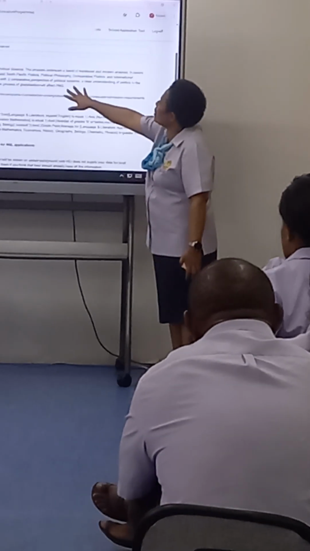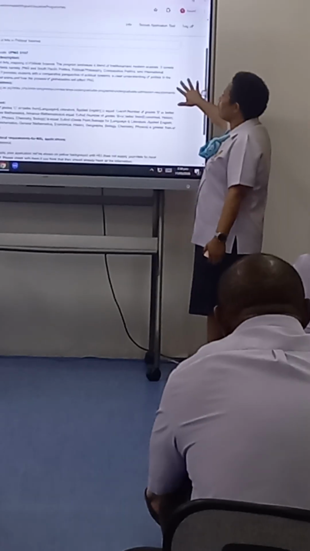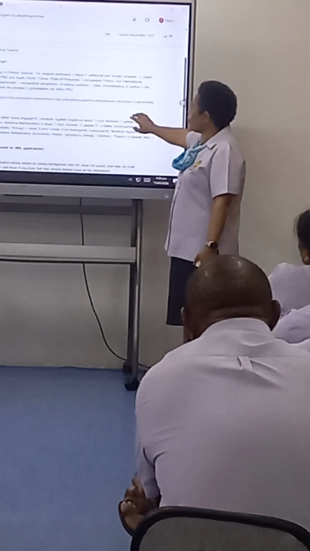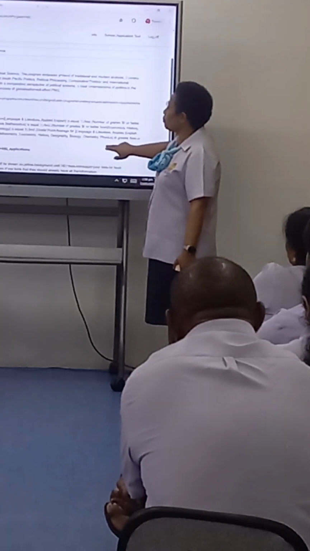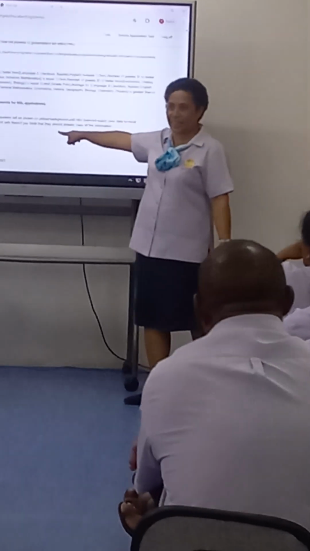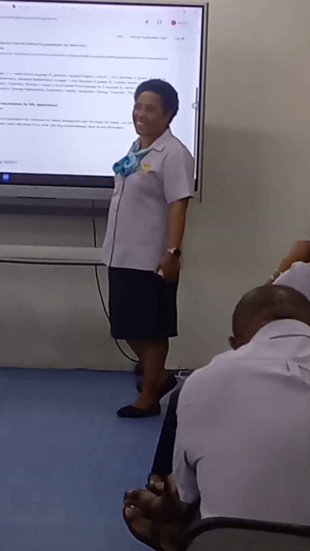So you can see, it gives a program description. Some also give the annual fee, the requirements, and the quota. The quota is 20 for political science.